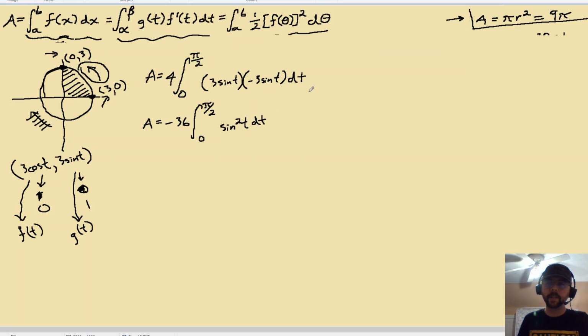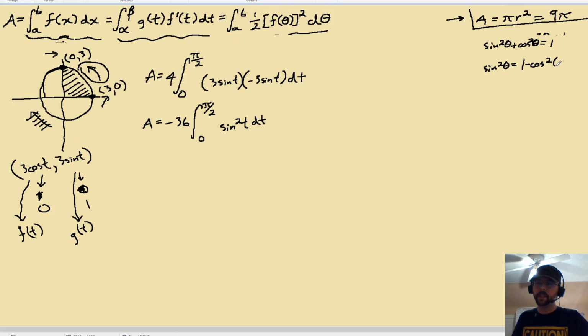dt. And actually I erased that. I guess I still needed that. Where'd my pen go? This little chart up here. So we had sine squared theta plus cosine squared theta equals 1, or sine squared theta equals 1 minus cosine squared theta.